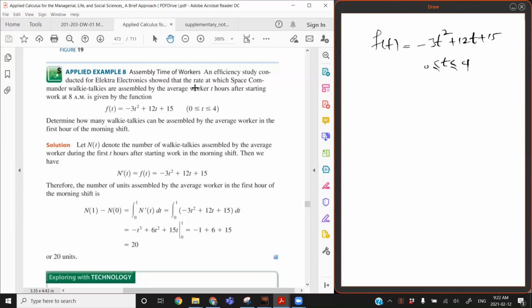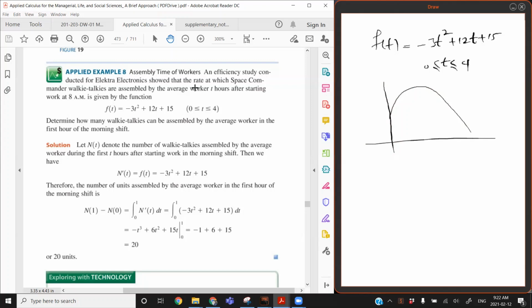And then as time goes on, maybe he or she gets a little tired, and their speed, the rate of change, how fast they are able to assemble the walkie-talkies, is going to decline. So that's my idea of how this will work. So if we graph this, it's going to be something like this.